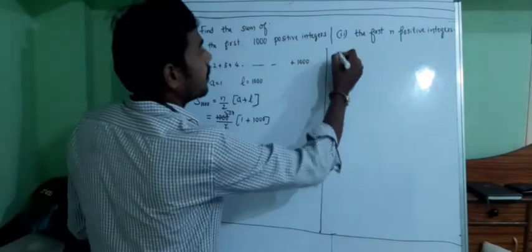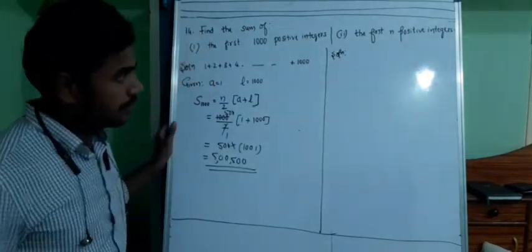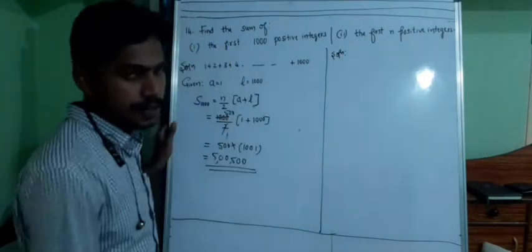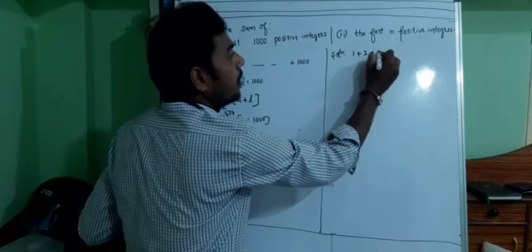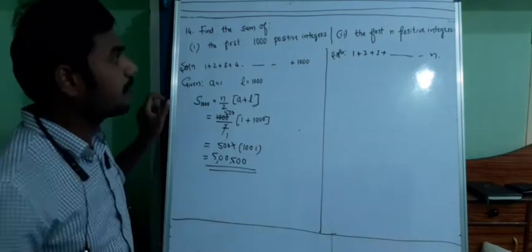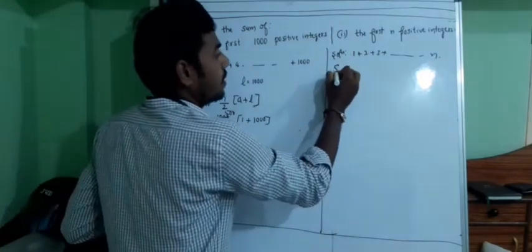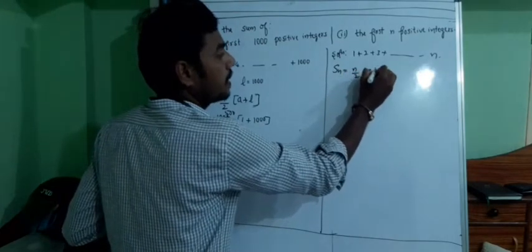Next, this one. Solution: the first n positive integers. We know what the last term is. So what we need to do: 1 plus 2 plus 3 plus up to n. We don't know what n is, so how are we going to calculate? We are going to make use of the same formula, that is Sn is equal to n by 2 into a plus l.